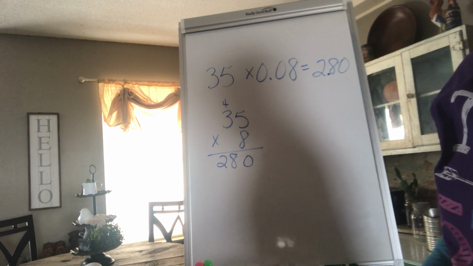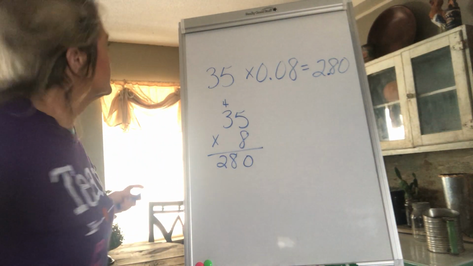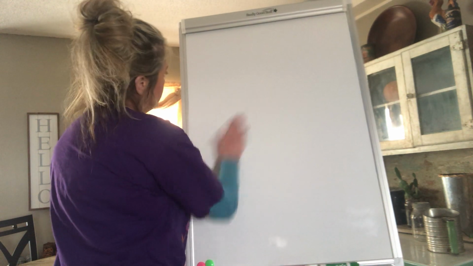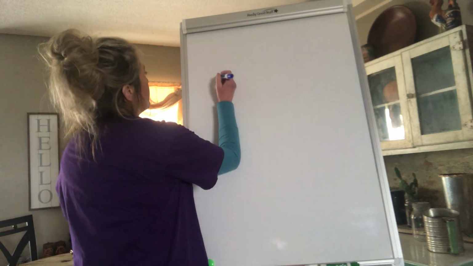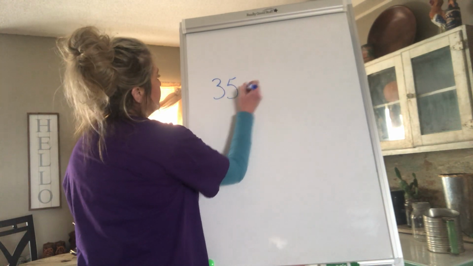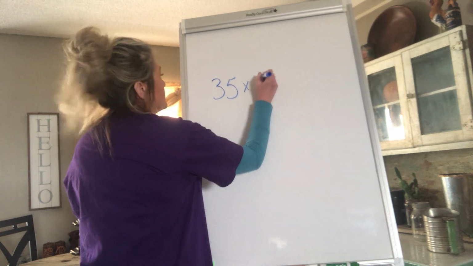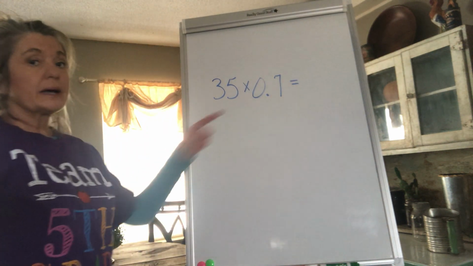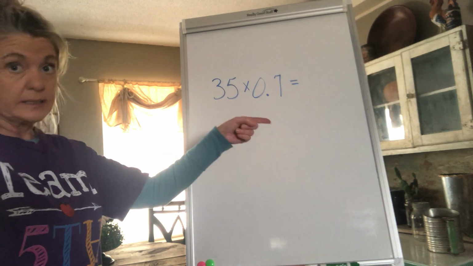All right, on the next one. They gave us, I'm glad we found Kieran's way. This works really good for big numbers too. It gave us 35 times 0.7. So I already know that my answer is going to be in tenths.